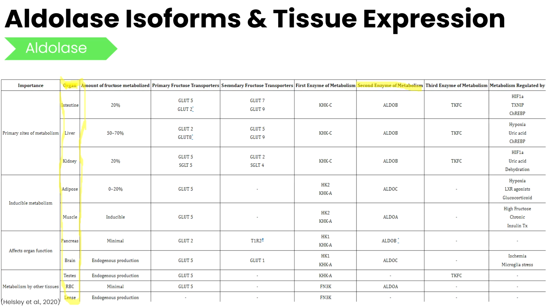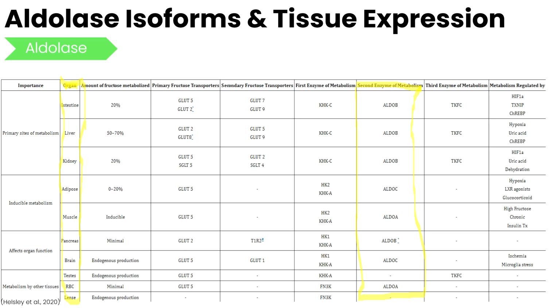This column is going to identify the Aldolase isoform associated with fructose metabolism in each of these tissues. So if we were to compare these two highlighted columns, a clear tissue-specific pattern is going to begin to emerge.